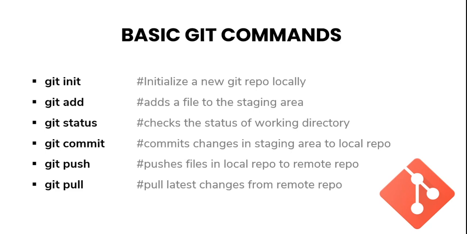So like I said, when you have multiple developers working on the same project and someone has made some changes and pushed it to a remote repository, before you can actually continue working, you would want to pull these changes from the remote repository to your local repository, and you do that using git pull. And lastly, we have git clone. Now, when you find a project online, probably a library that you like, and you want to copy it to your system, or you want to clone it to your PC, you use git clone.